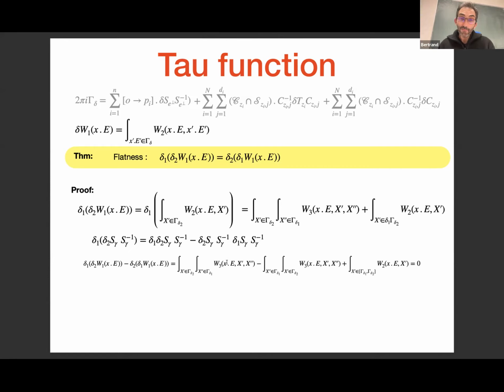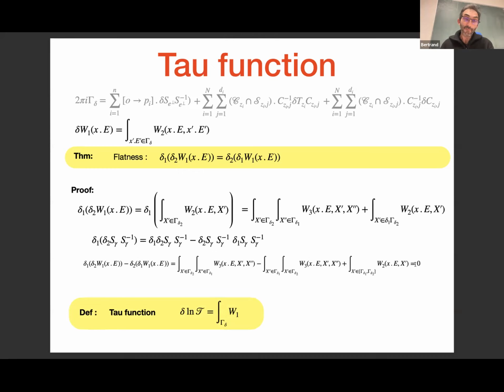Remember that W3 has simple poles, and the difference of orders of integration of W3 is exactly picking the residue at the simple poles. And the residue at the simple poles is exactly W2 on the commutator. So basically, this is 0. This is the proof of the theorem.